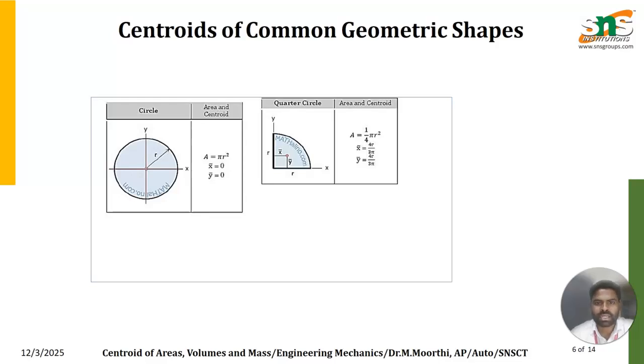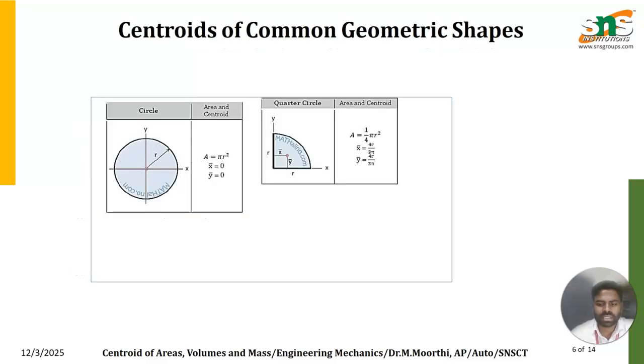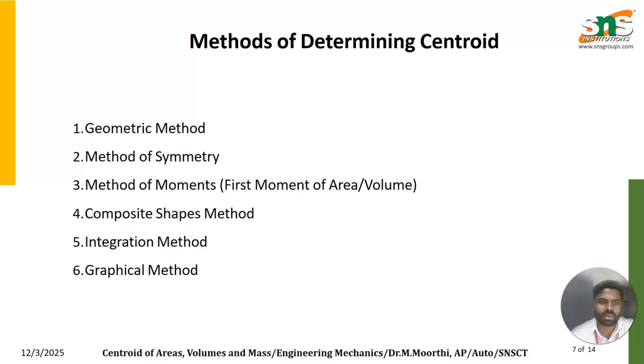And for a quadrant, as I said earlier, it is 4r divided by 3 pi if measured from the base, and if measured from the opposite dimension, it is r minus 4r divided by 3 pi. So this formula depends on where the base is located, whether it is on the x-axis or the y-axis. Based on that it will be different.